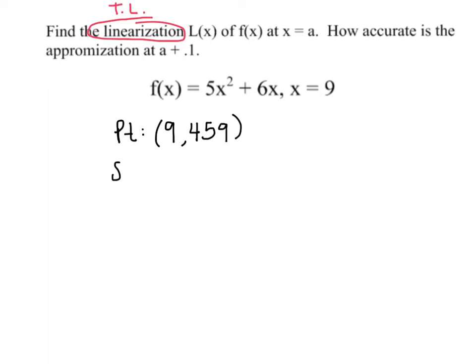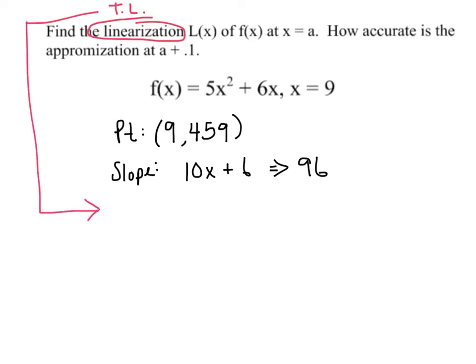The slope, well, I need the derivative, so 10x plus 6. I plug in 9, so the slope is 96. So my linearization, my tangent line, is y equals 96 multiplied by x minus 9 plus 459.